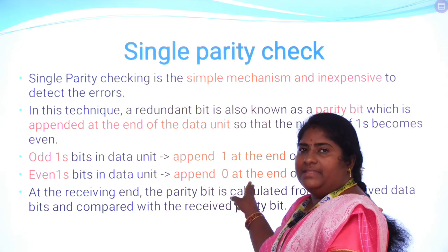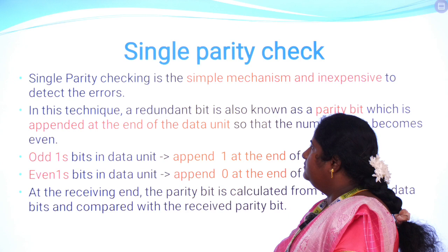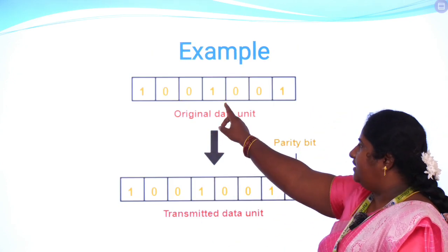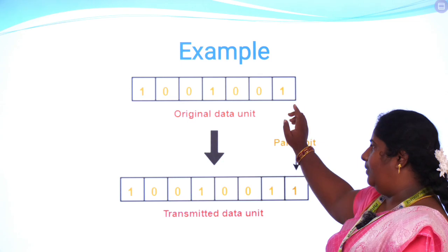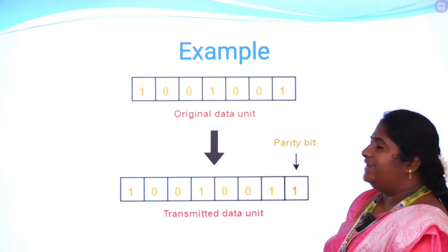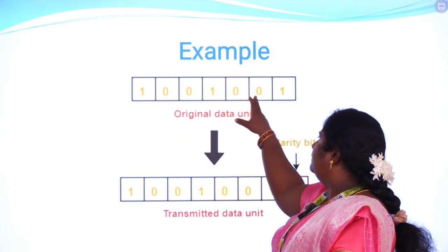At the receiving side, the same process will be verified. Consider an example. We have 1 0 0 1 0 0 1. This is my original data unit. I count the number of ones in the original data unit: 1, 2 and 3.